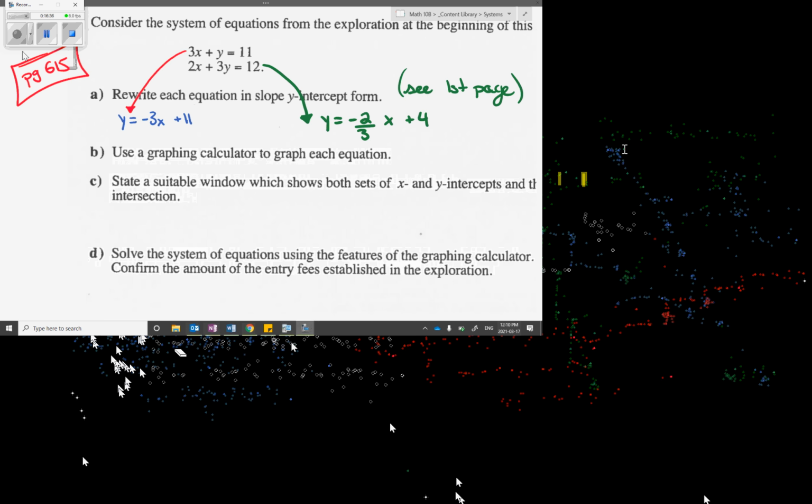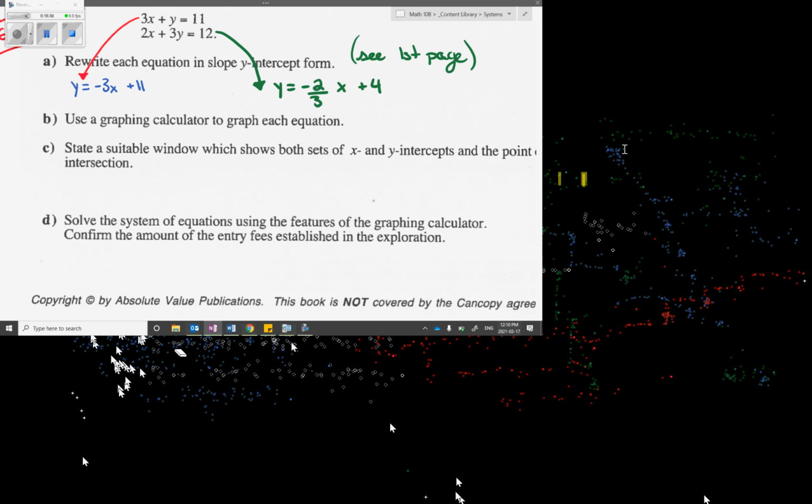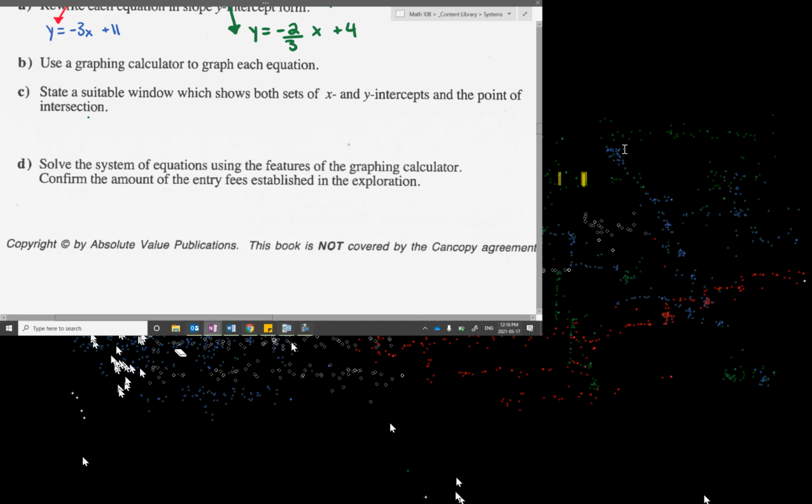So it says, let's review. State suitable window settings. Remember with our window settings, you list them just like they are on your calculator screen. So we did -10, 10, 1 for our X window, or our domain. Our Y window was also -10, 10, 1.